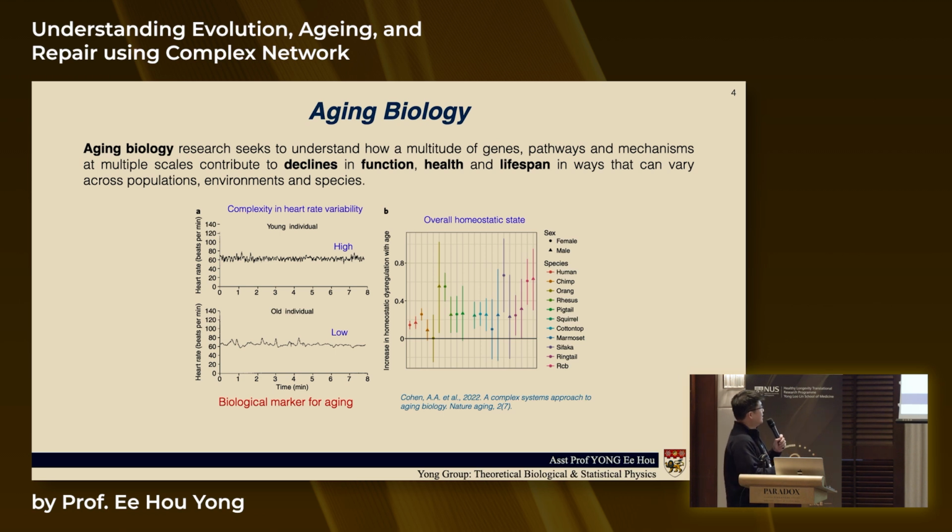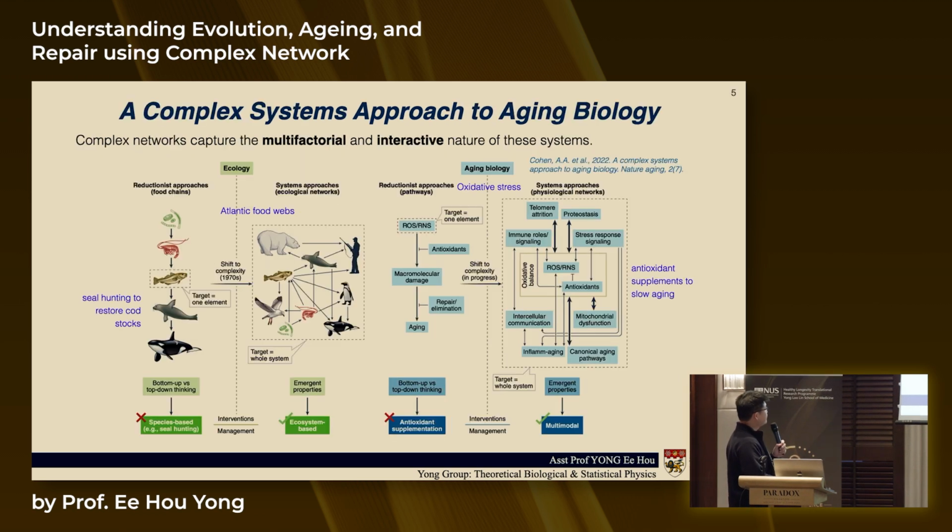What you see here is that young individuals have high complexity in the data signal, but over time, when you become old, the variability decreases, right? There are also other markers that you can use to describe this eventual homeostasis. These are concepts that I hope to explain to you using a computational model later.